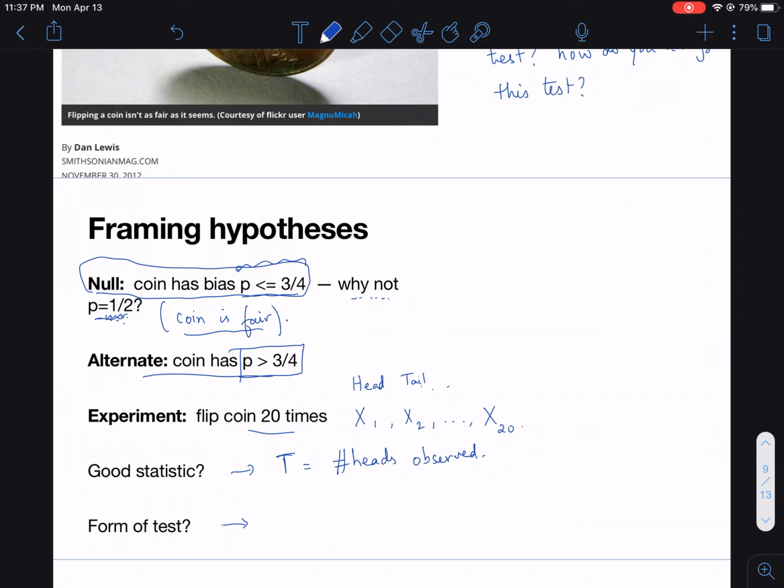Your null hypothesis is that p is smaller than or equal to 3/4, and you'd like to build evidence against it. So if you toss this coin 20 times and you saw all 20 heads, that is fairly strong evidence against the null hypothesis, because if p were actually less than or equal to 3/4, it's quite unlikely that you saw all 20 heads. So your form of the test is going to be t is bigger than or equal to some threshold.